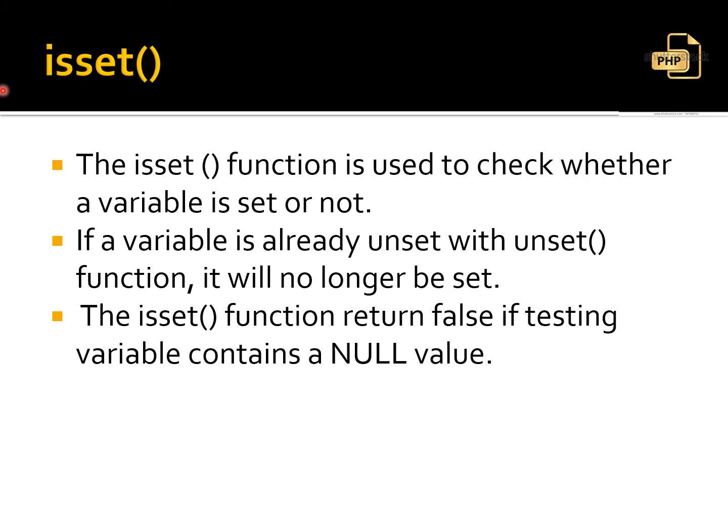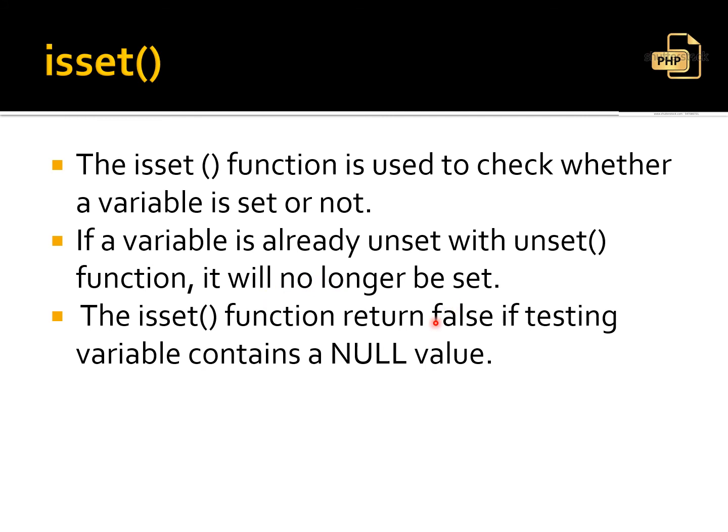The isset function in PHP is used to check whether the variable is set or not, that is, whether the variable has a valid value or not. If a variable is already unset with the unset function, it will no longer be set.